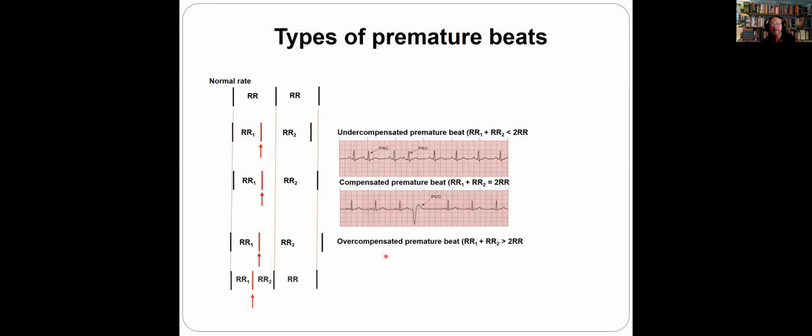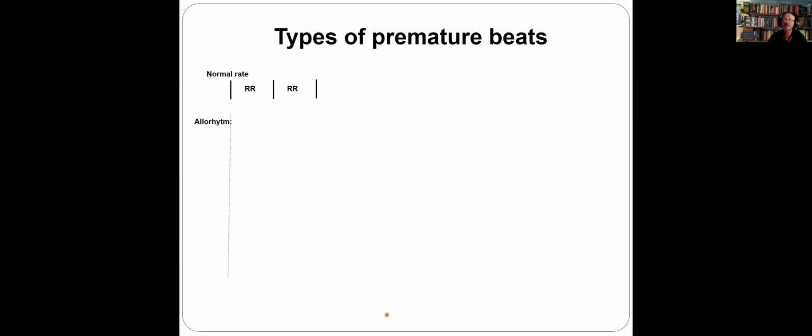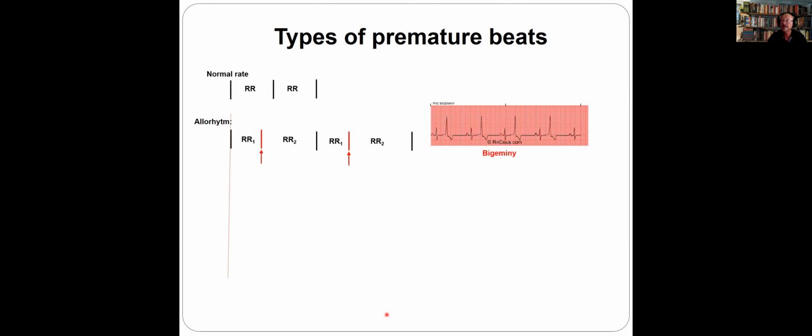All right. Now, there is another type of beat that exactly plays between two normal beats, and that's called the interpolated premature beat. Usually it happens, for example, in ventricular premature beats, when it's interpolated between two normal QRS complexes. Now, there is another possibility that these premature beats come regularly.